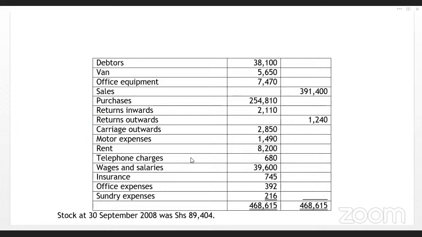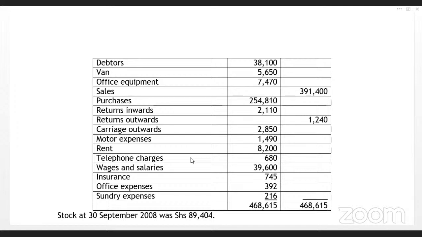Returns inwards 2,110. Returns outwards 1,240. Carriage outwards 2,850. Motor expenses 1,490.